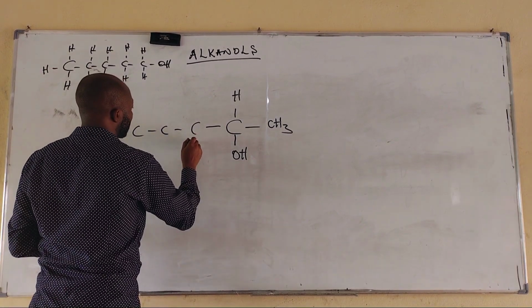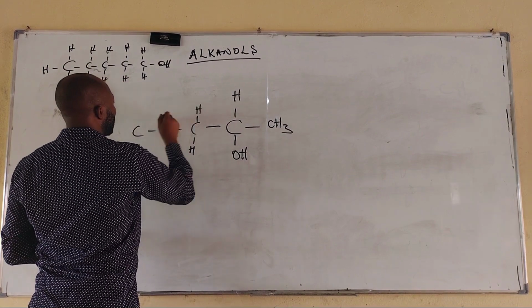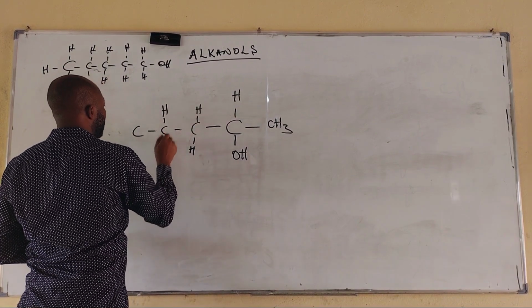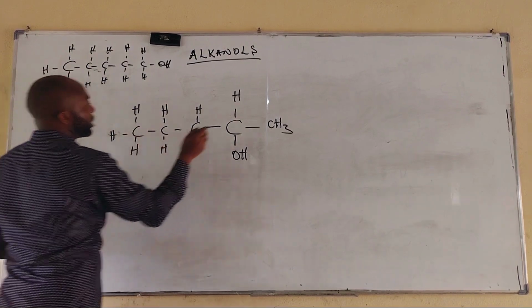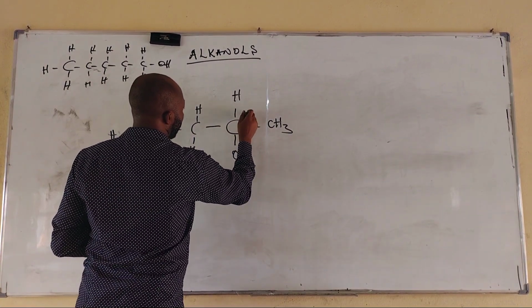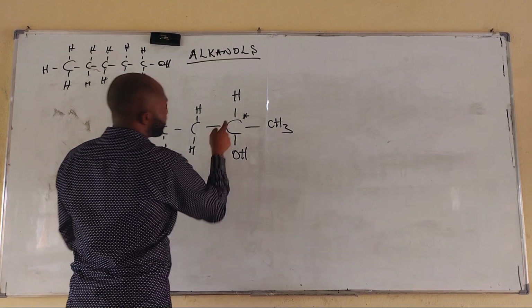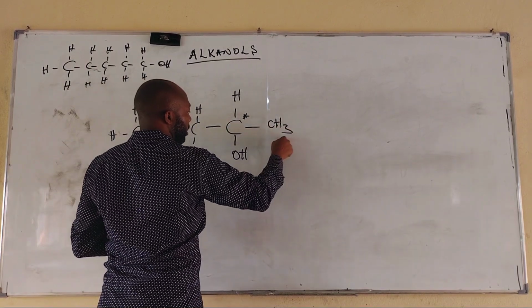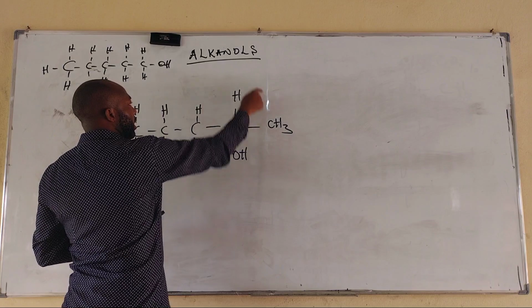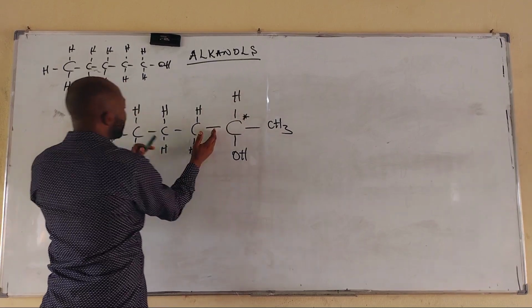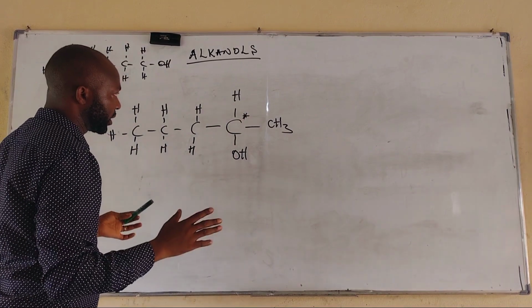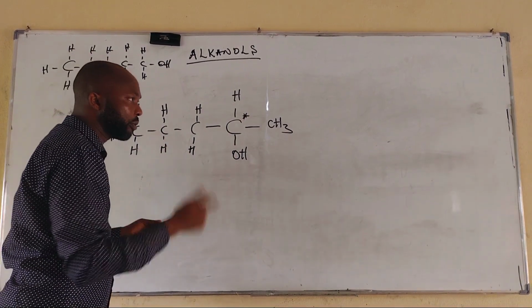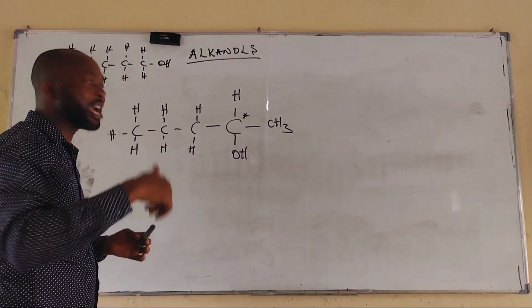Let's finish. Hydrogen, hydrogen, hydrogen, hydrogen. This carbon is my chiral carbon. This carbon is bonded to a methyl, a hydroxyl group, a hydrogen, and a propyl. So this carbon has different substituents. It is a chiral carbon, which means it is optically active.